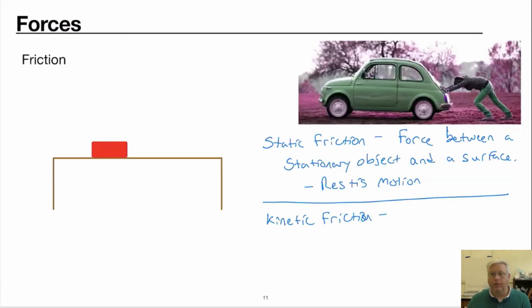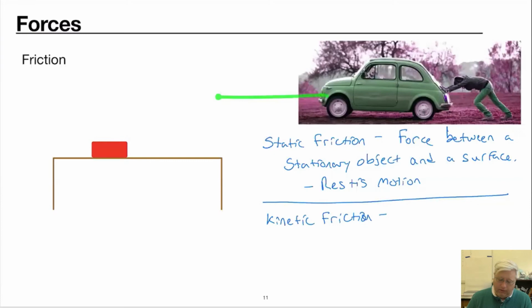Just like static friction, it always points in the opposite direction that the object is moving. So even if this person got the car moving and it started rolling, there's still technically some friction between the wheels, the tires, and the ground.